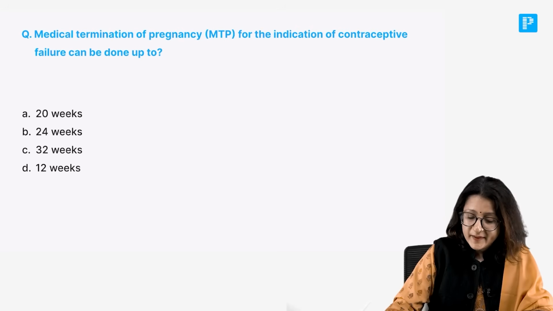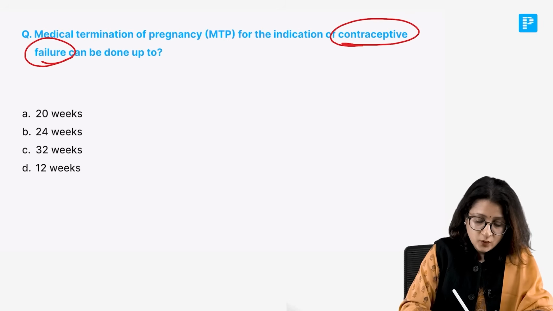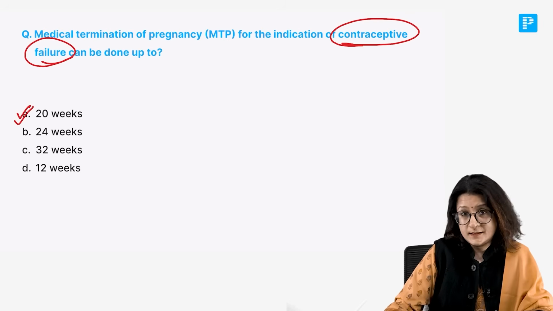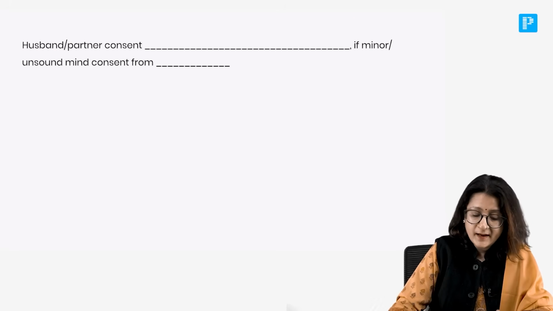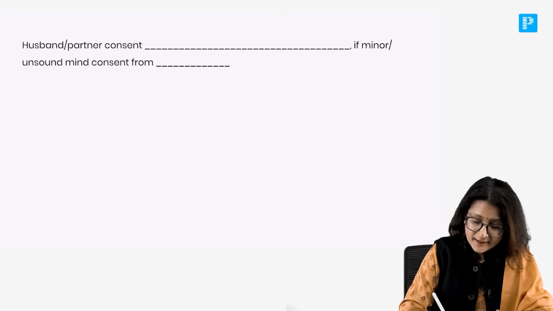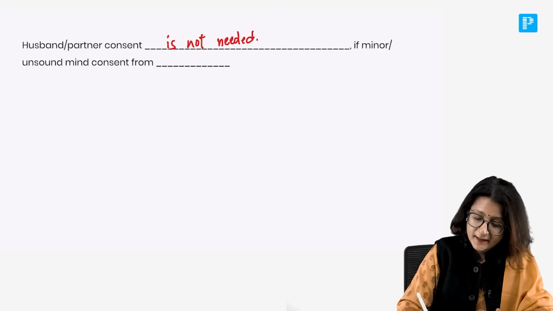Medical termination of pregnancy for the indication of contraceptive failure can be done up to 20 weeks is your answer. Not 24, only 20 weeks. So please remember here, the husband or partner consent is not needed. Please remember it is the patient's consent.